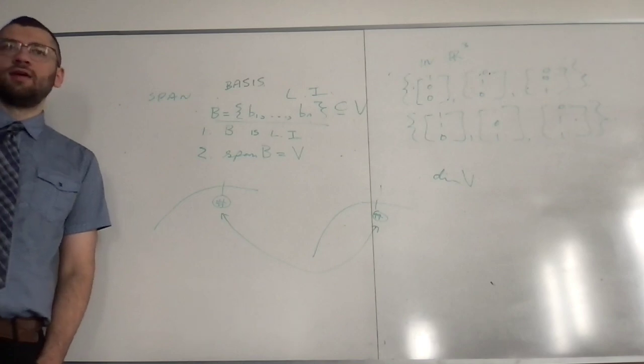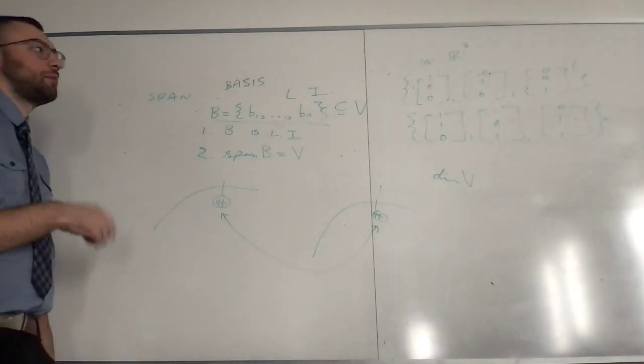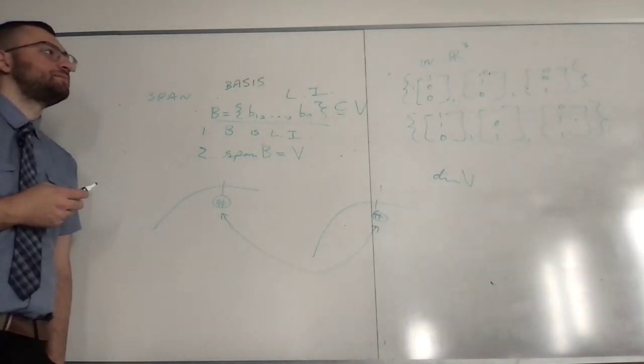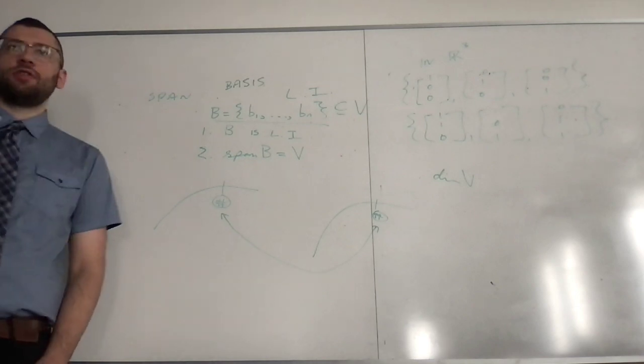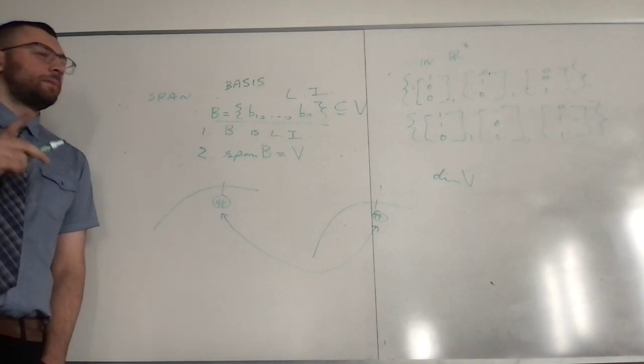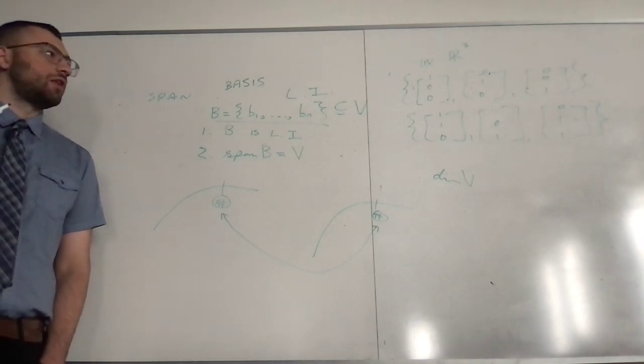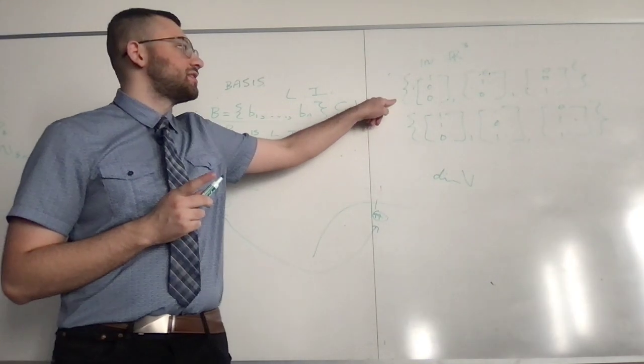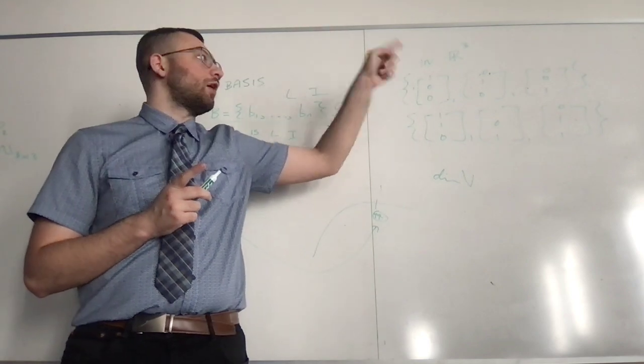So maybe I ask everyone in the class to come up with a basis for R3. It's possible that we all come up with different bases. But one thing is going to be the same between all of us: the basis is going to have 3 things in it for R3.